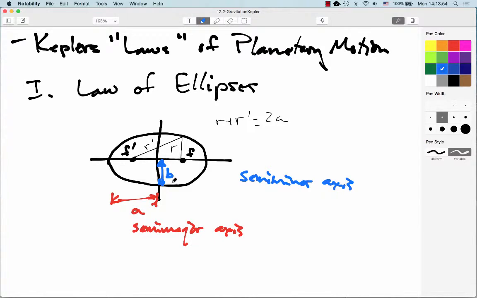The distance from the center of the ellipse to one of the foci is related to the semi-major axis. It's equal to epsilon a, where this epsilon is called the eccentricity of the ellipse.